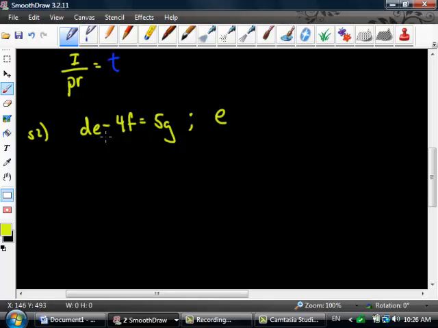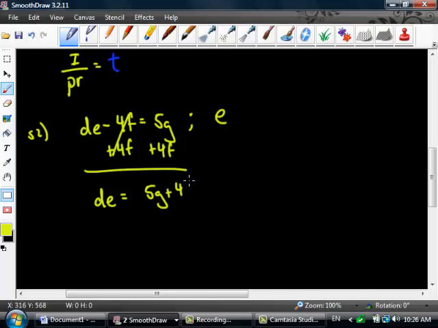E. So I'm going to add 4F. Raise your hands if you agree with that step, adding 4F to both sides. So DE equals 5G plus 4F.